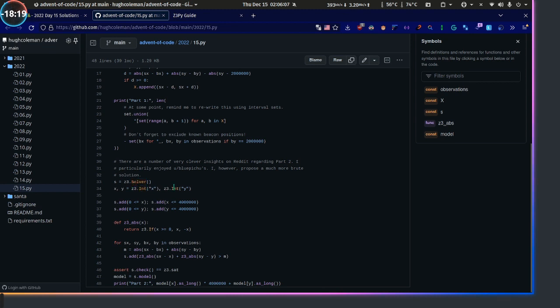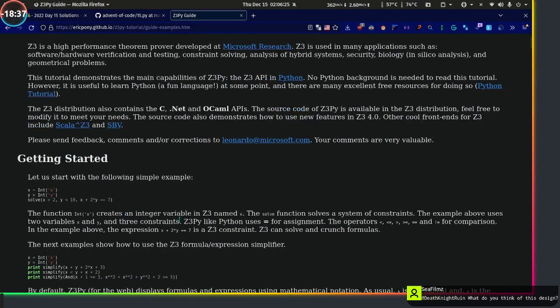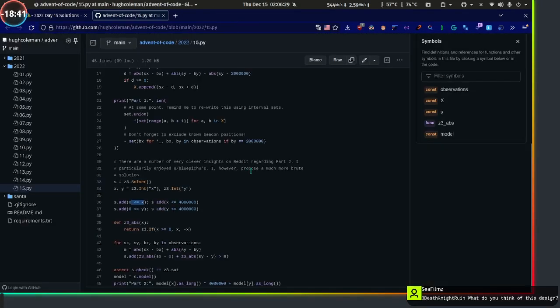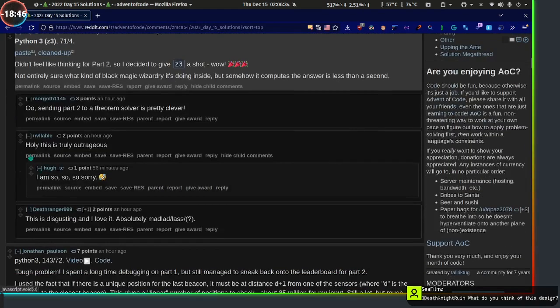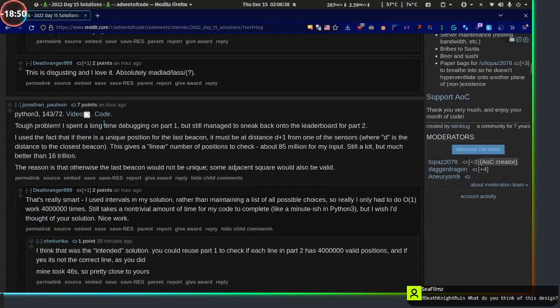Z3 solver. Oh wow, this is crazy library stuff. Wait, what does Z3 do again? Oh lord. So this is what I gotta love about Python. The ecosystem of libraries they have is quite crazy. A theorem solver. What do you know?